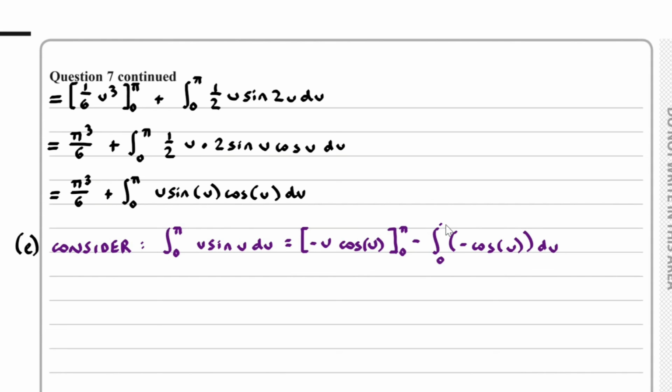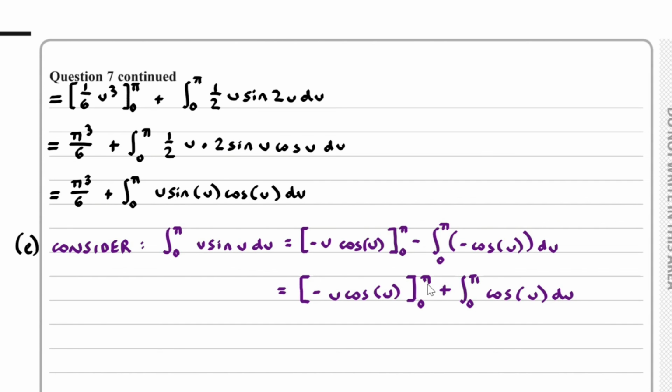And I'm integrating this between 0 and pi. So I've got minus u cos u evaluated between 0 and pi plus the integral from 0 to pi of cos u du.